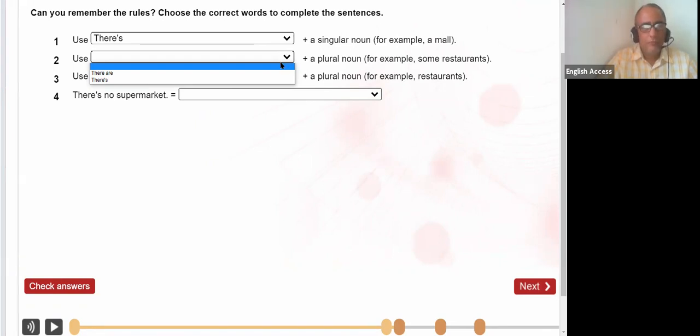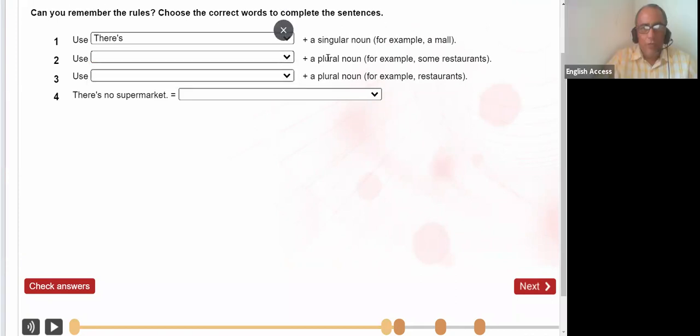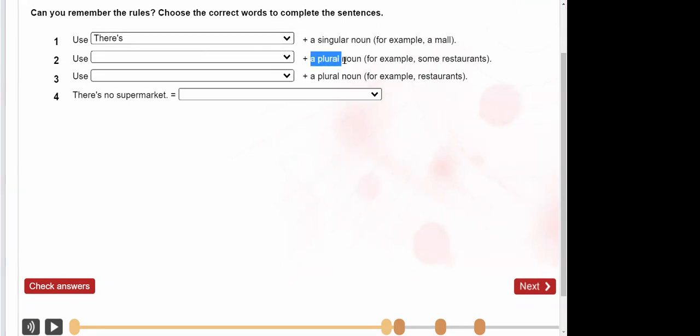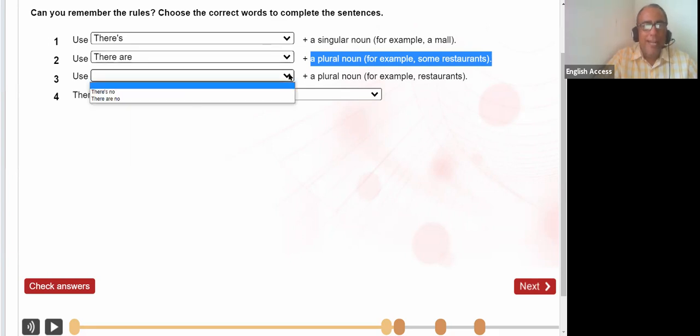We are remember the rules. The rules for using there is or there are. Here, right. Plural nouns, there are, yes, for plurals. Number three, a plural noun for restaurant, for negative.